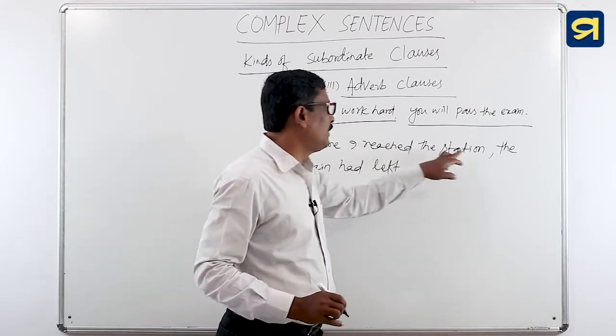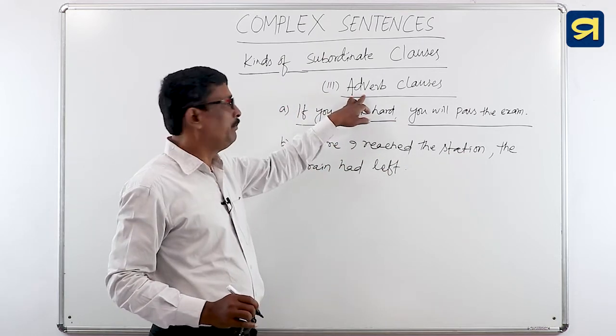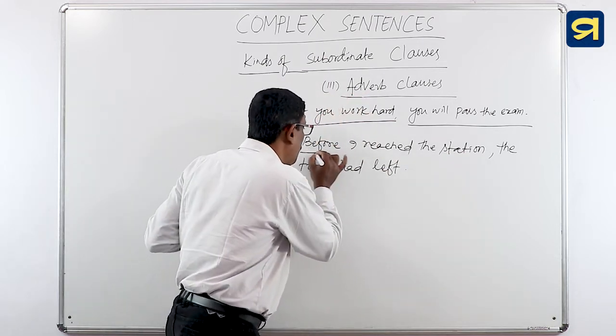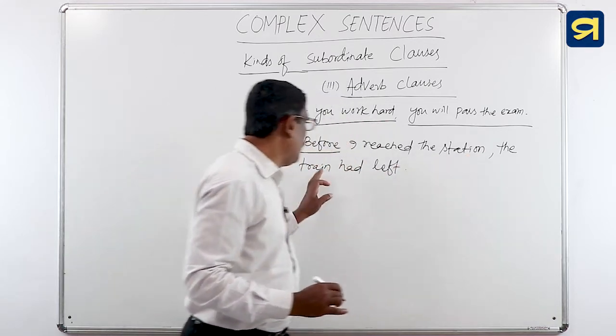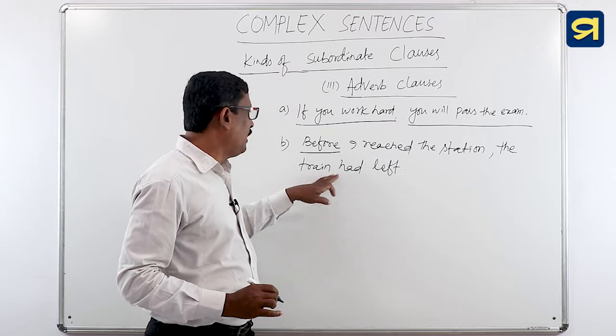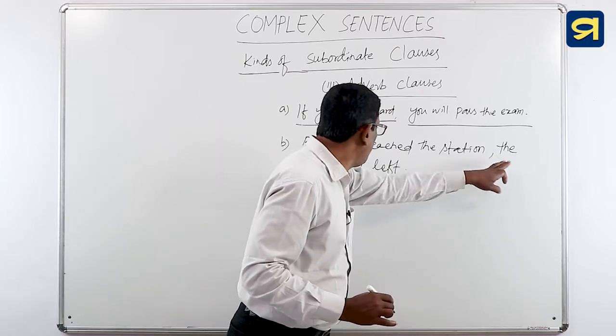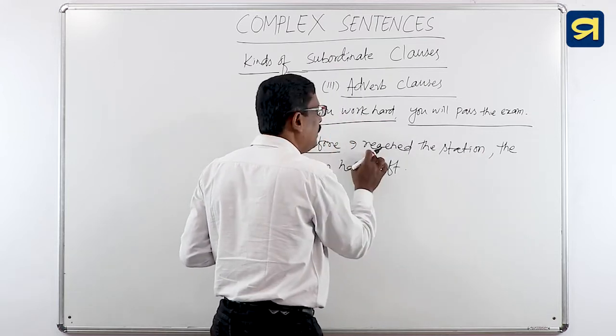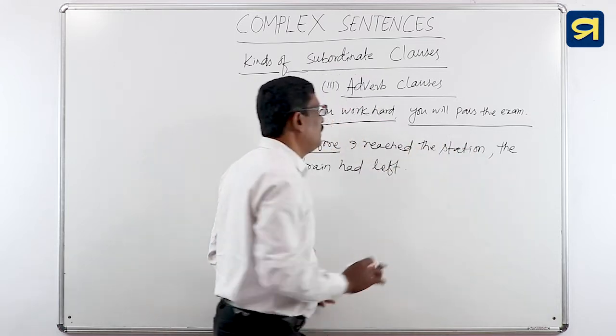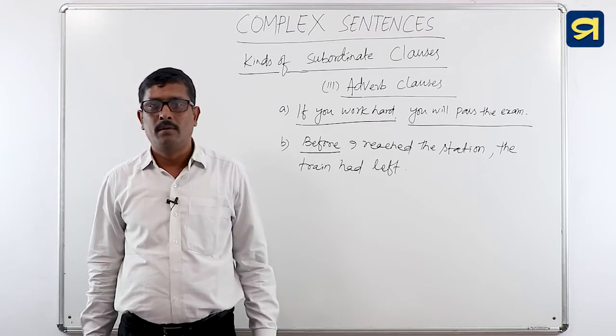Before I reached the station is the adverb clause because before is a subordinating conjunction, and the train had left is the main clause because it stands by itself. That's why it is MC, and before I reached the station is SC or adverb clause.